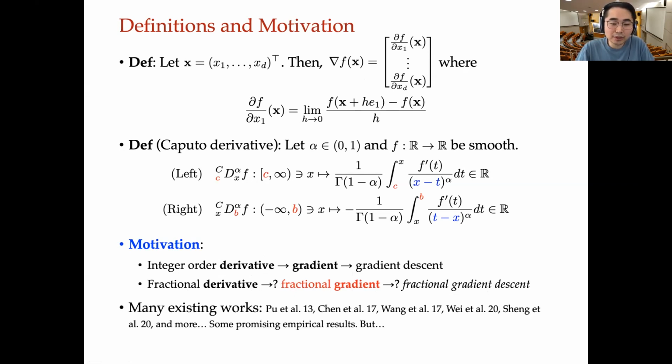From this motivation, many people have proposed so-called fractional gradient descent as a generalization of integer order gradient descent. Some of these works proposed variants of the method and presented promising empirical results, but the mechanism behind fractional gradient descent, or what we mean by fractional gradient, is not well investigated.